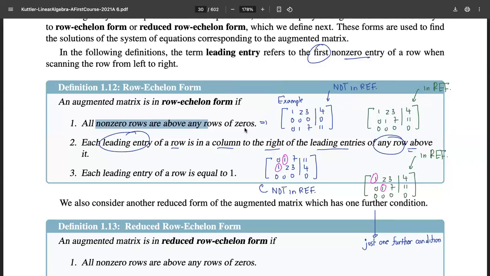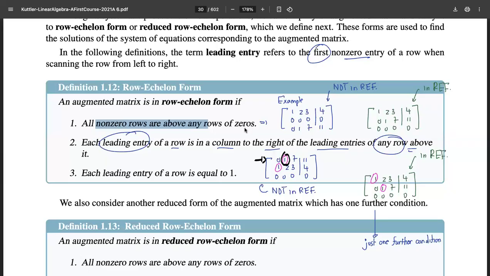Because the leading element of the first row is on the right of the leading element of the second row, or equivalently, the leading element of the second row is on the left of the leading element of the first row, it's not on the right. The second condition is not satisfied.